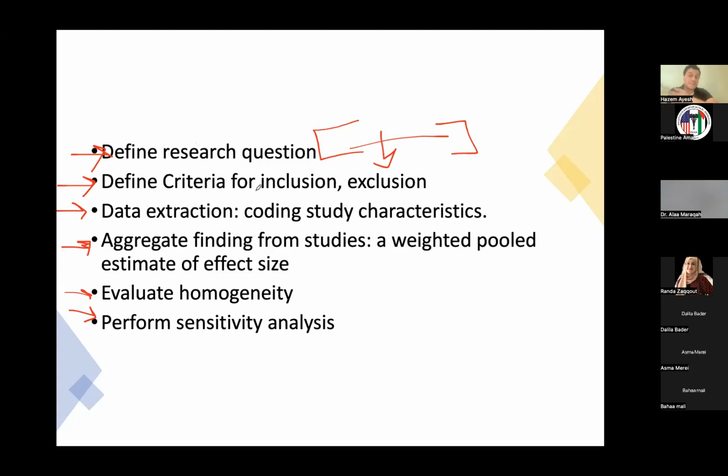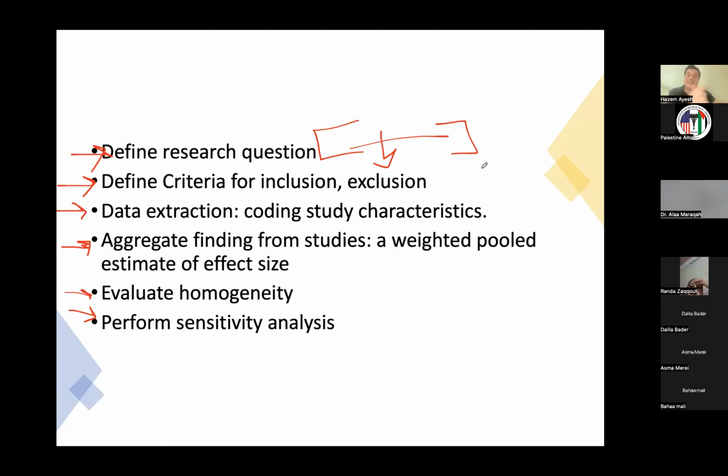And you have to explain how you did your research to make sure that you are doing it in the right way without bias. You have to explain in your paper how you did it, what you have done, and then you have to provide something we call the PRISMA chart. My colleagues will talk about it, how you decided which is what.